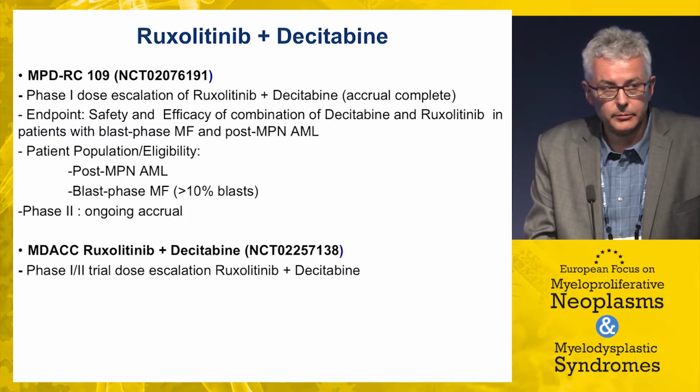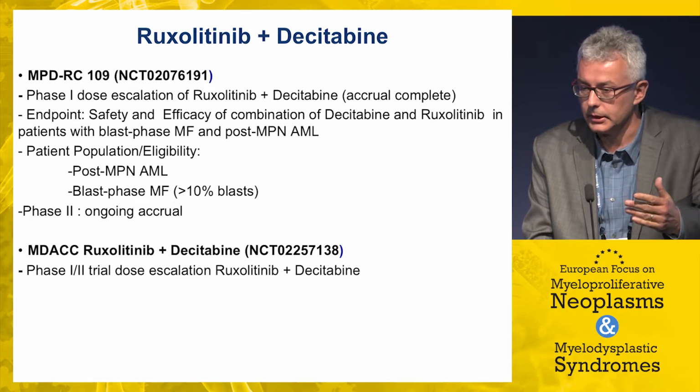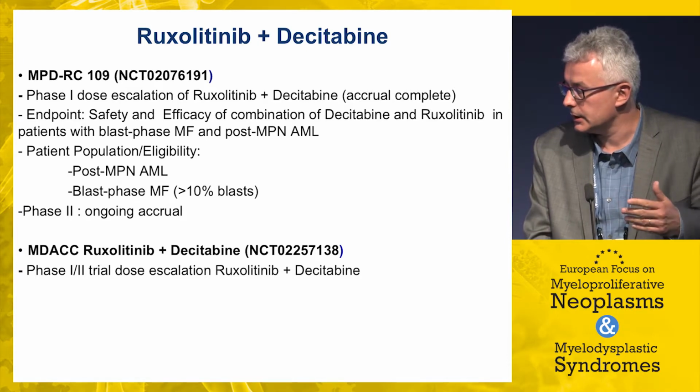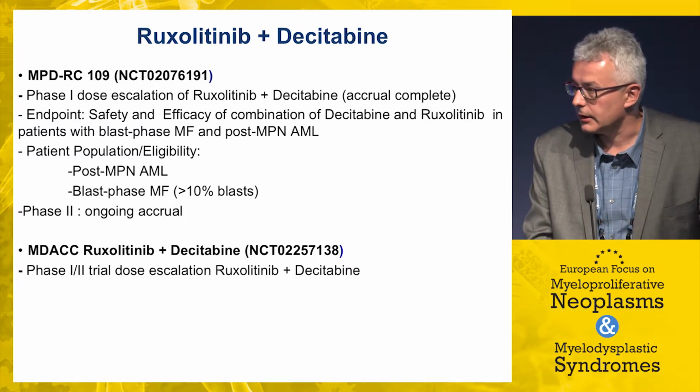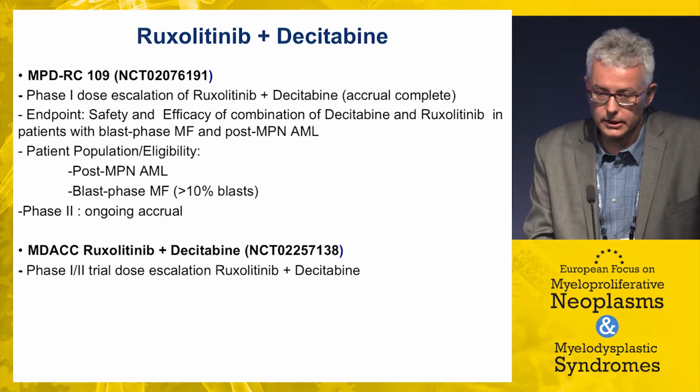These studies are underway. Preliminary results were shown at ASH, but I'm not going to show them in detail because it is really work in progress. I can't really say that there is something extraordinary happening with these combinations so far. There are some activities, but it is too early to say.